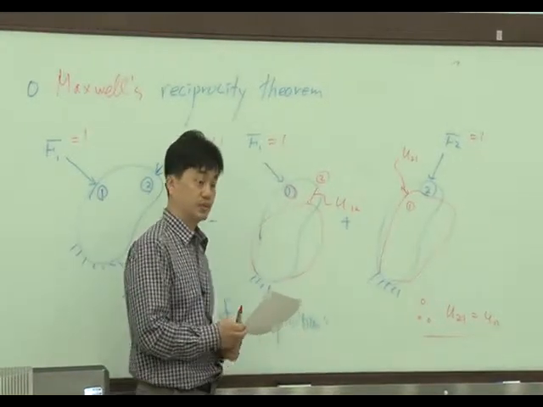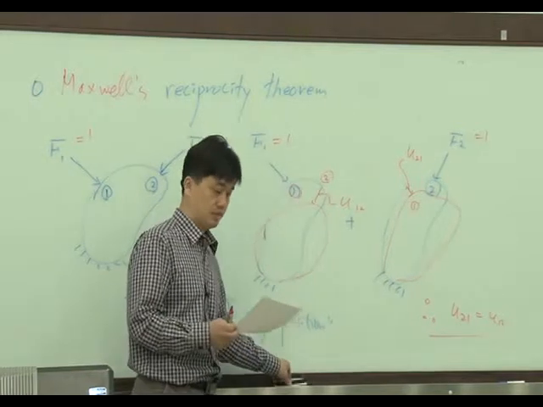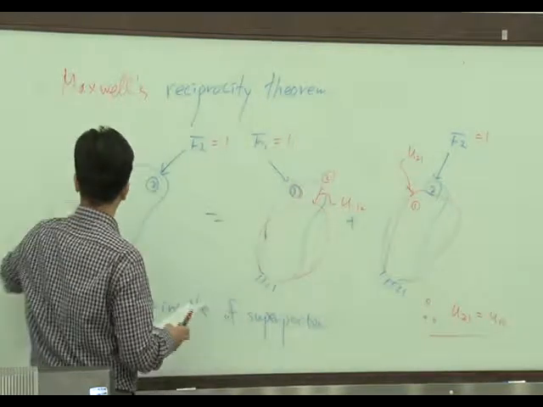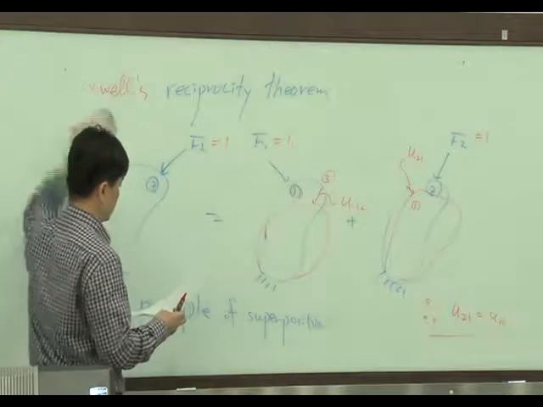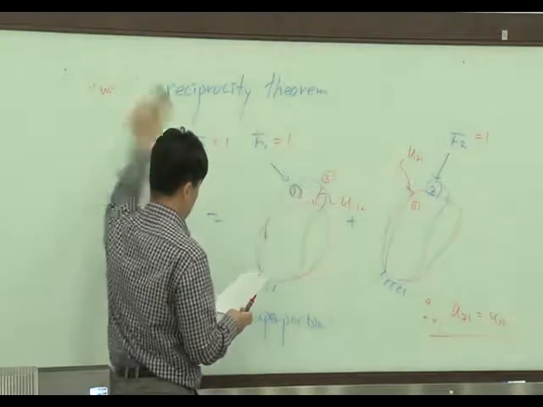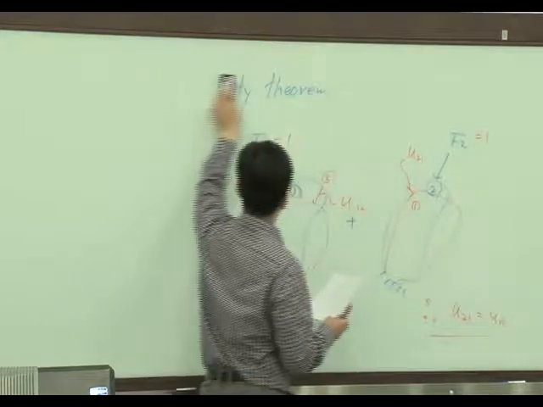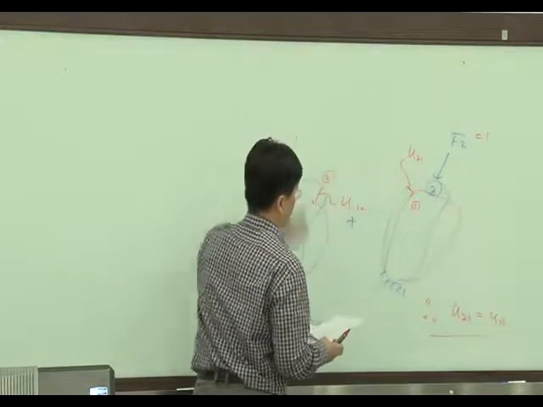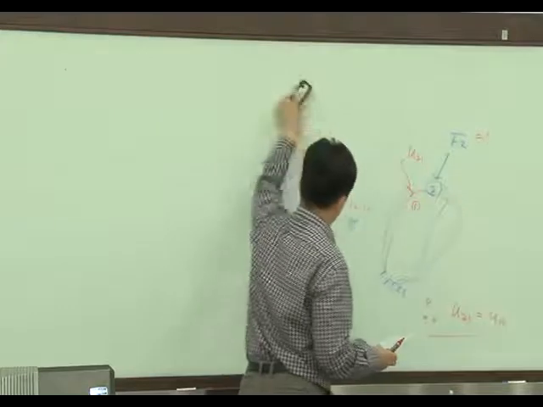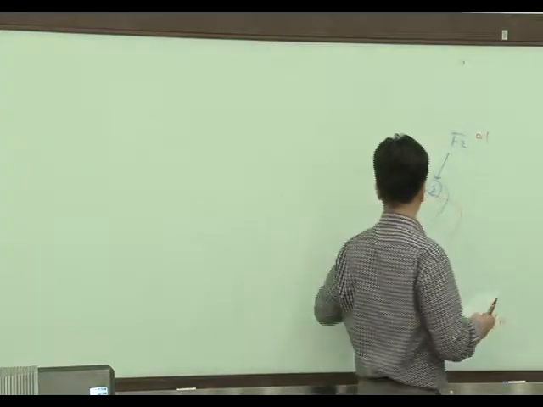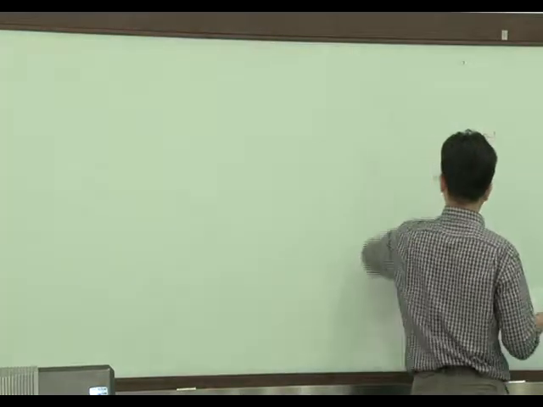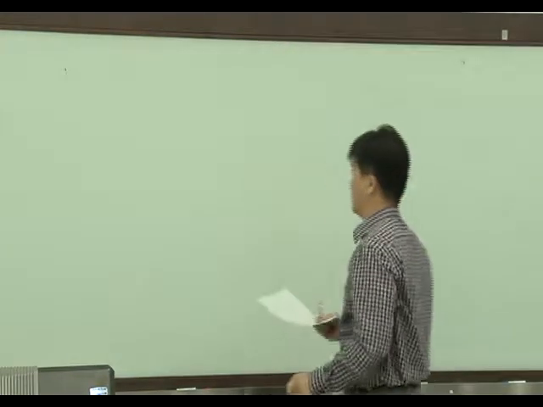That's the first property we should remember for the stiffness matrix. This is the first property, let's say 1.